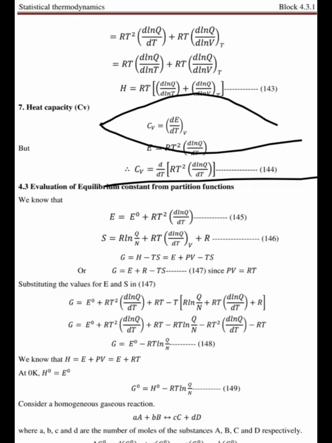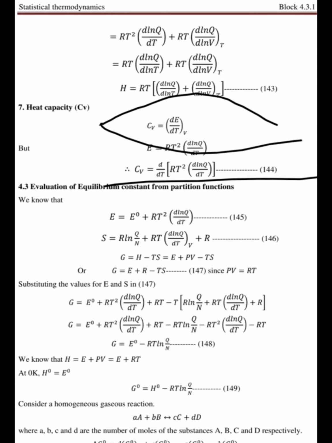And further, evaluating the equilibrium constant from the partition function, we know that E is equal to E naught plus RT square d ln Q by dT. That is equation 145.